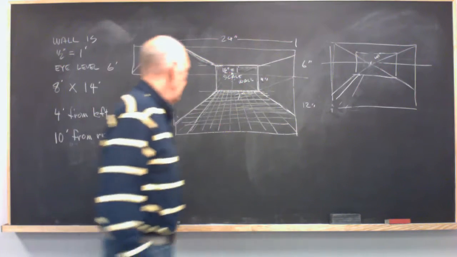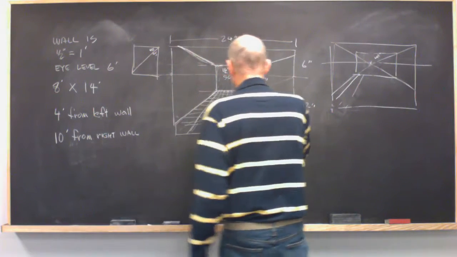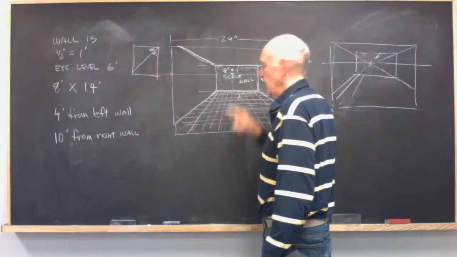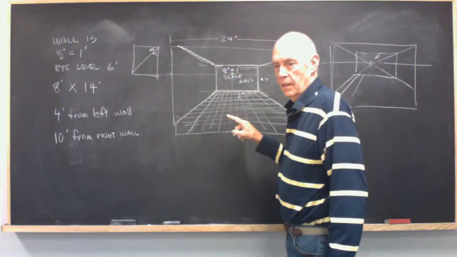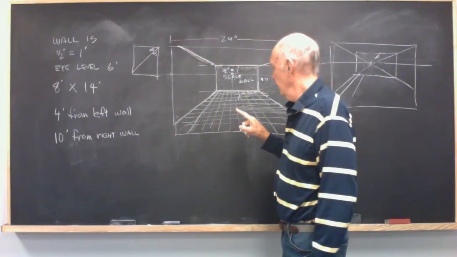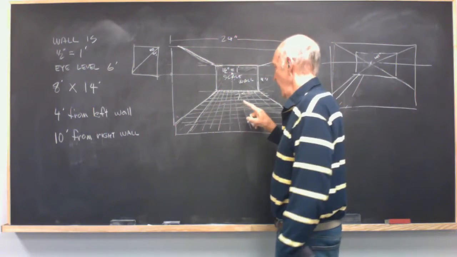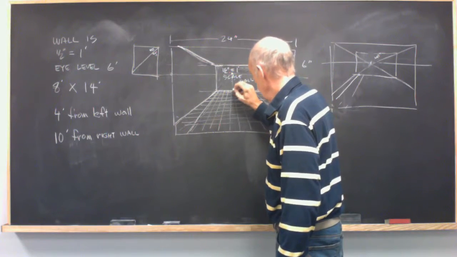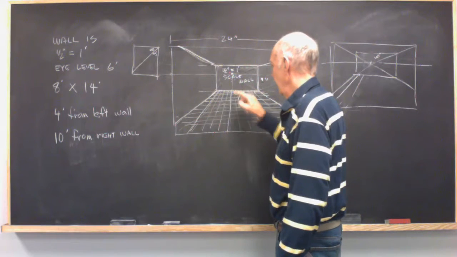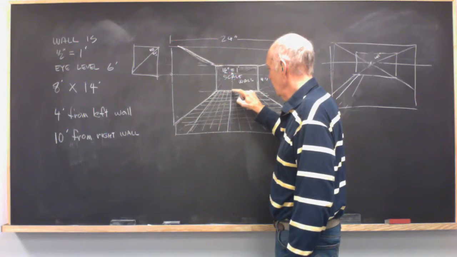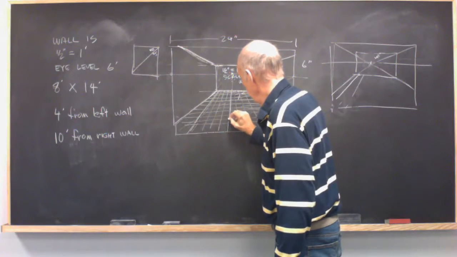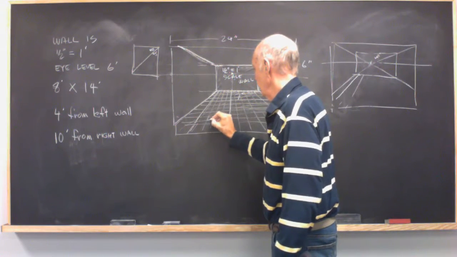Let's say that 4 feet from this left wall and 10 feet from the back wall is a block in 2-point perspective. So I go down here 4 feet, so it's going to be along this line right here, and I count out 10 feet. 1, 2, 3, 4, 5, 6, 7, 8, 9, 10. So this point right here is 4 feet from this wall over here.